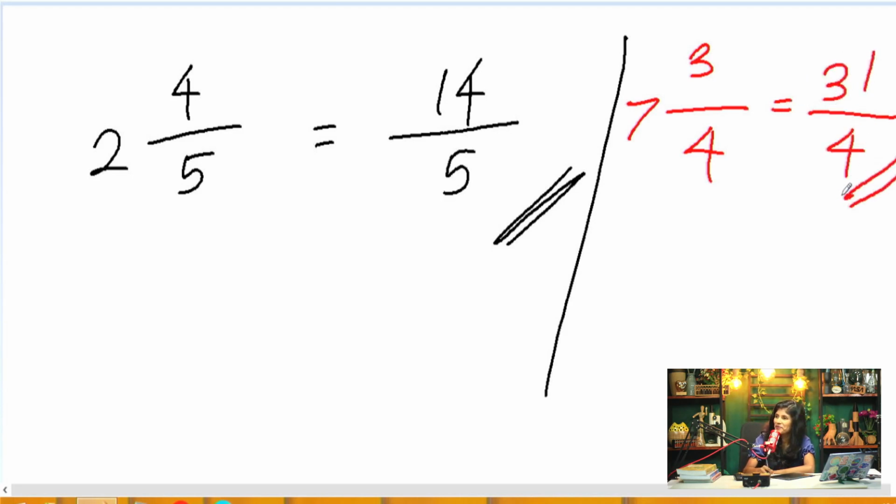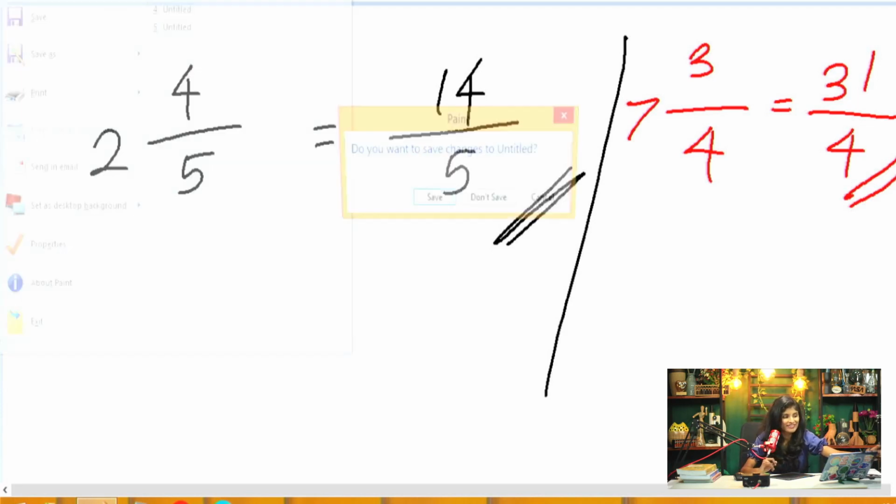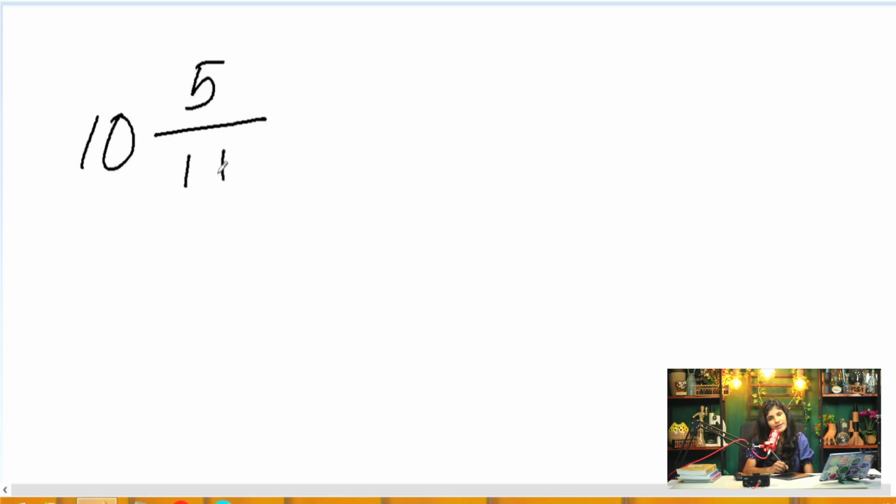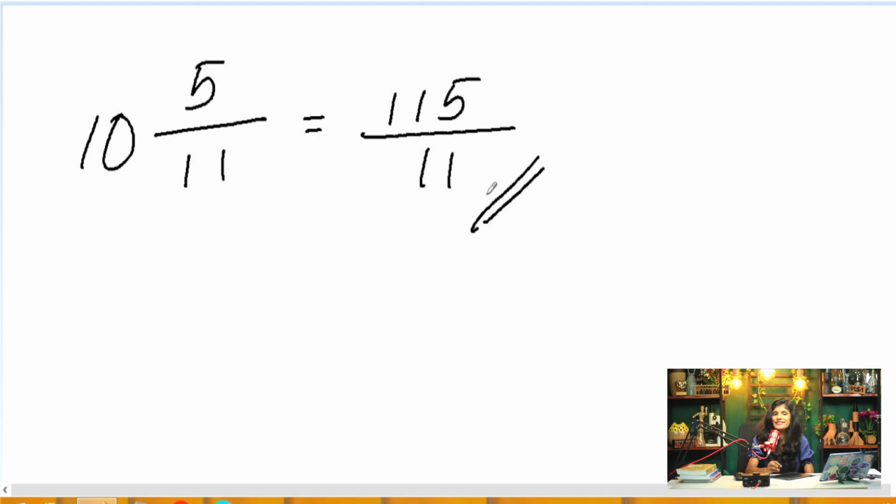The denominator is the same. So that is the last question we are going to discuss under this topic. Very easy.